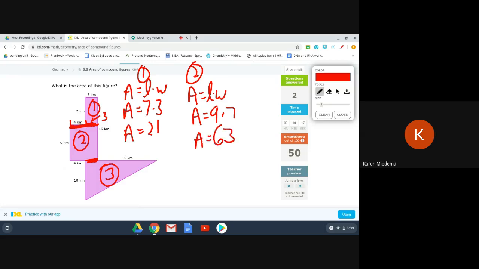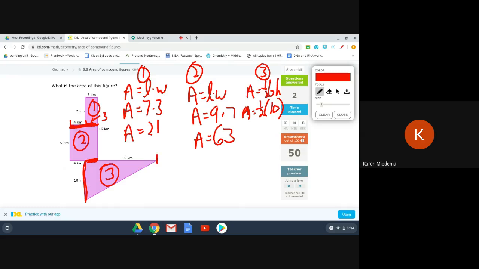Finally, the bottom piece. Now be careful because the formula is not length times width, it's 1/2 base times height because it's a triangle. Okay, now I see this measurement here is 10, so I'm going to go ahead and substitute that in.